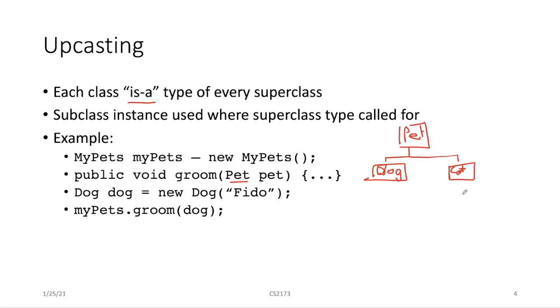The is-a relationship, again, is kind of a rule of thumb, but it is useful when you try to make sense of something. So a dog is a pet. Does that make sense? A cat is a pet. Does that make sense? In the context of this, it may. If we're talking about strays, then maybe they're not, or something else. So we have to keep in mind the context.